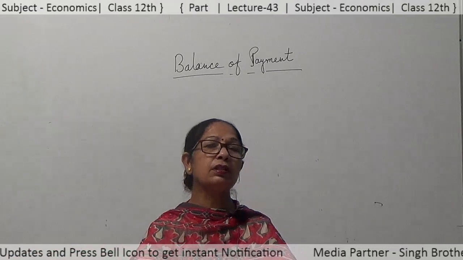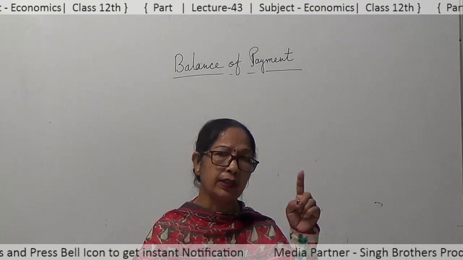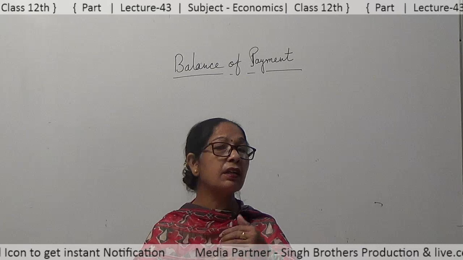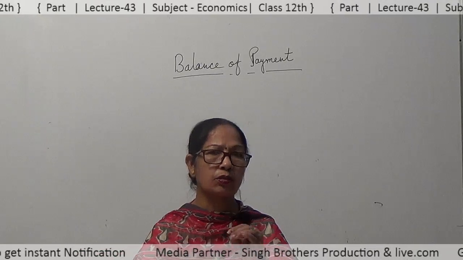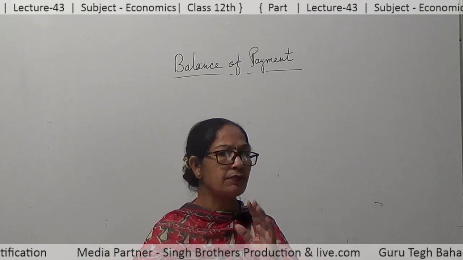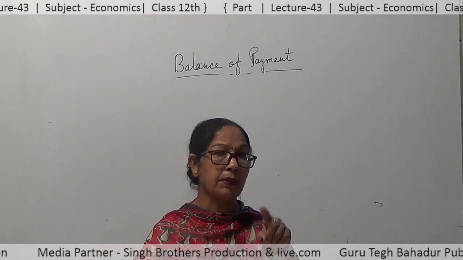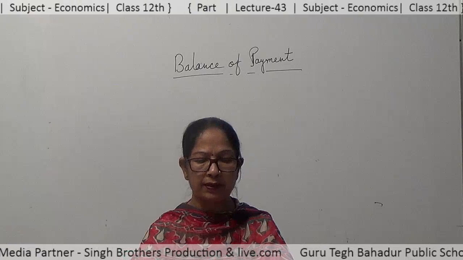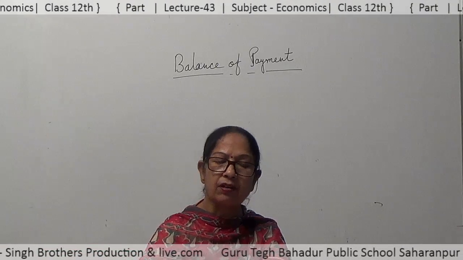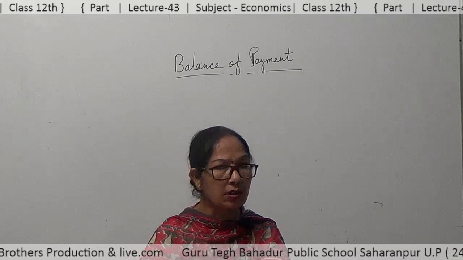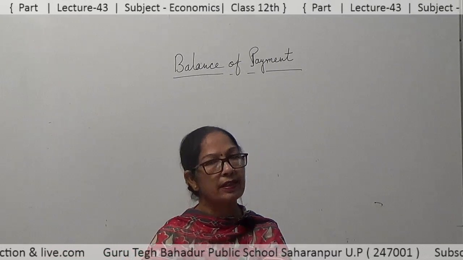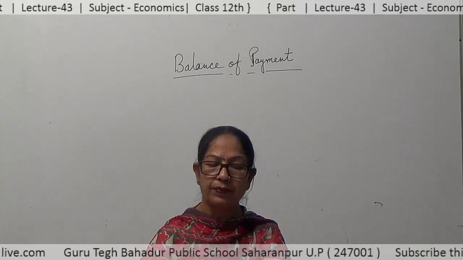So, current account, I have already told you that rows 1, 2, 3 and 5, 6, 7, leaving capital account, the last items 4 and 8, the starting 3 items in credit and 3 in debit side make current account of BOP. The current account of BOP is that account which records import and export of goods, import and export of services and unilateral transfers during a year.